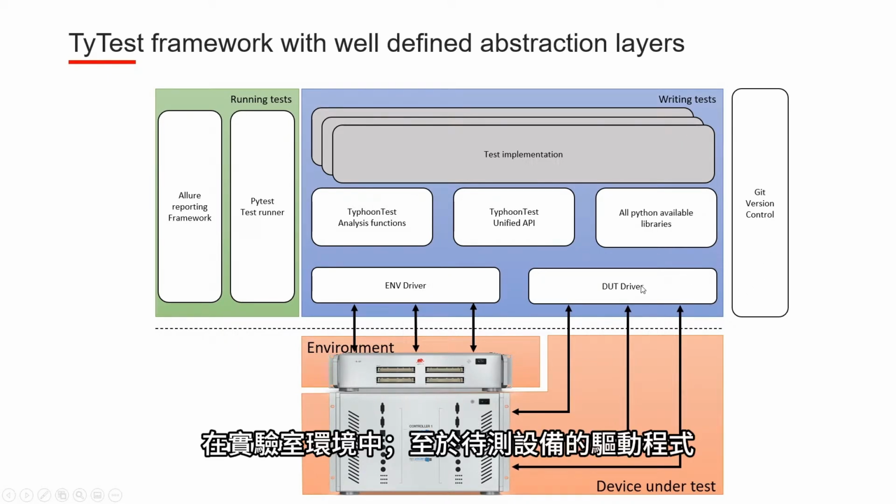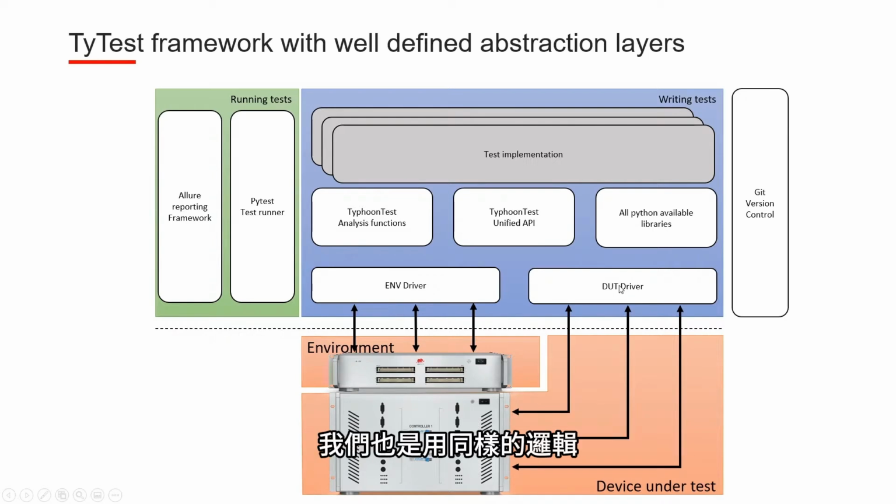As for the device under test driver, we are using that one for sending commands to the device under test. So let's say you have two product lines that behave similarly and they should run the same set of tests. You don't need to rewrite your test. You only need to select a different driver and connect the controller that you want to test.